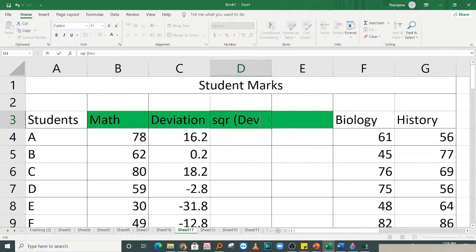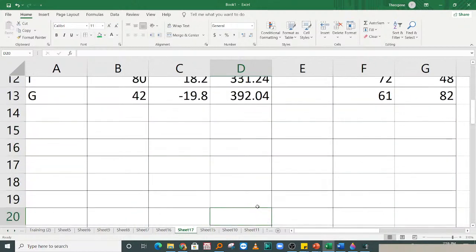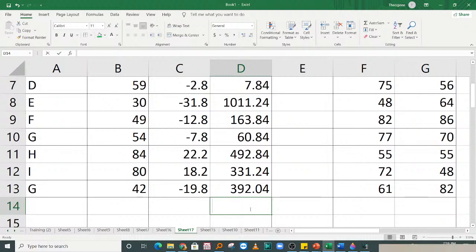So here I calculate the square, not the square root, of the deviations. It is taking this number times itself. Then I find the sum of the squared deviations.